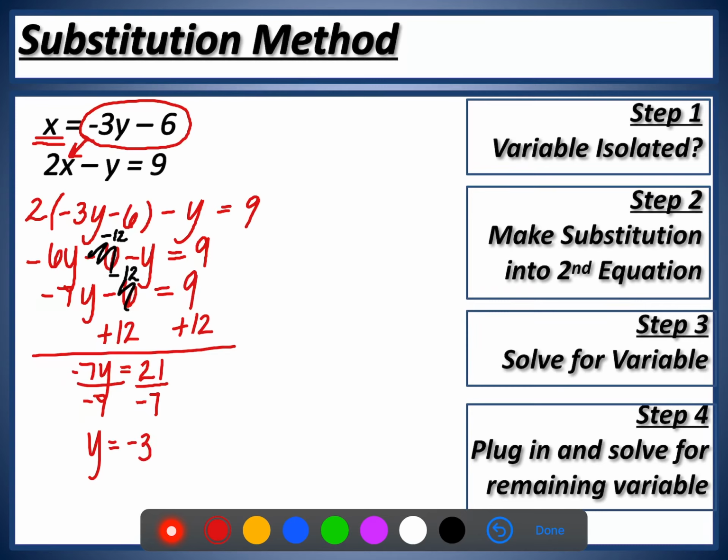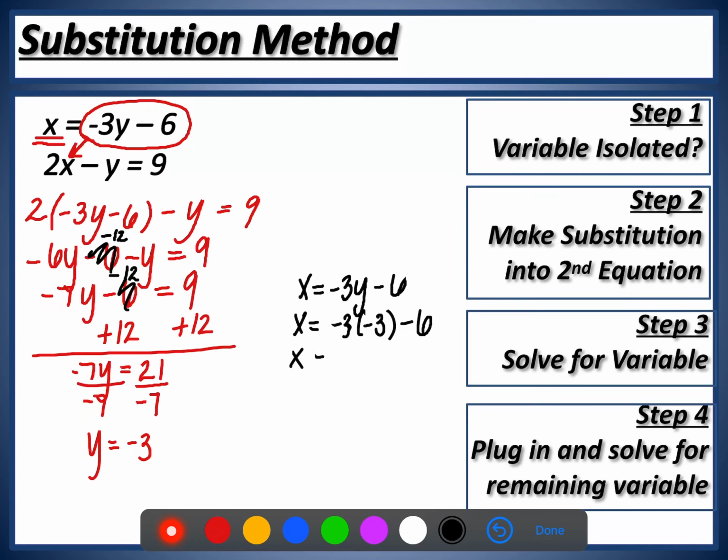So we have that y equals -3, but remember we're not done because our solution has to be an ordered pair. So we need to know what x equals. If we use our first equation, we could plug y into that, the y that we just solved for, and it's already solved for x.